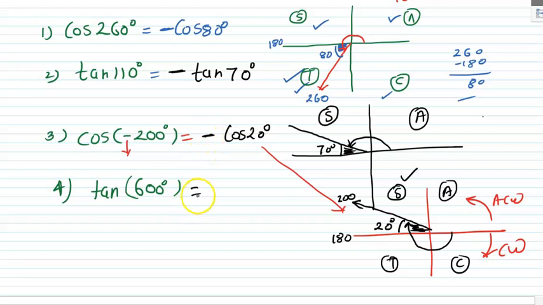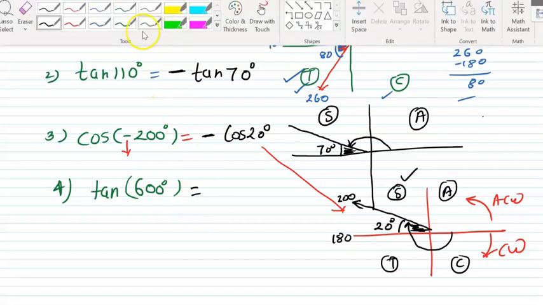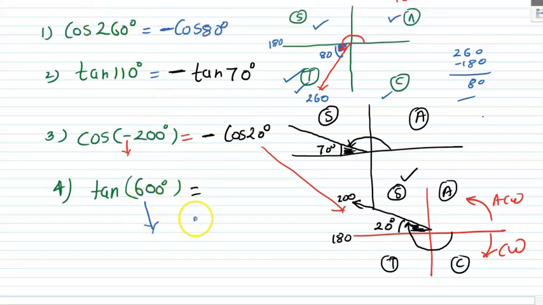Okay, tan 600 degree. See my blue coloring for this one. Tan 600, you just take one round, it is 360. Okay, 360 plus 90, how much is it? 450. 450 plus 90, 540. 540 plus 90, 630.